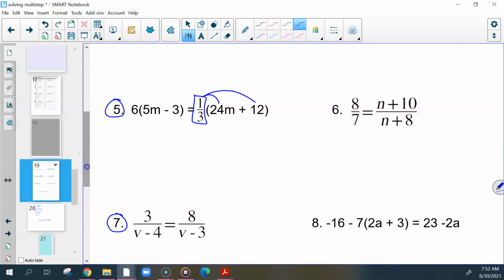That way, in my mind, it's easier that way. Multiply 6 to everything here. We get 30m minus 18. And then 1/3 times 24 is the same thing as 24m divided by 3. So 8m. And 12 divided by 3.